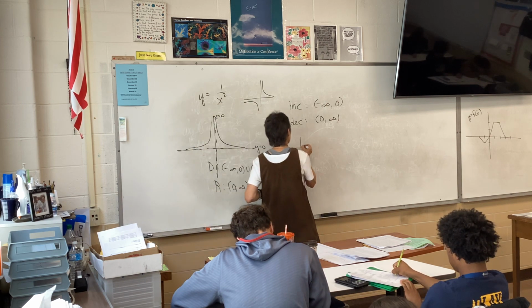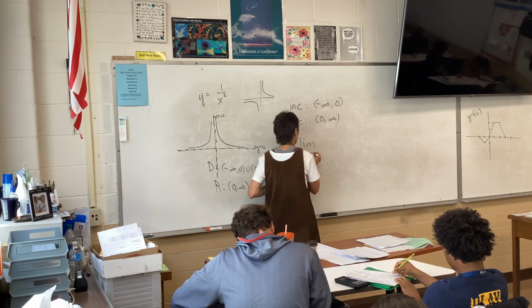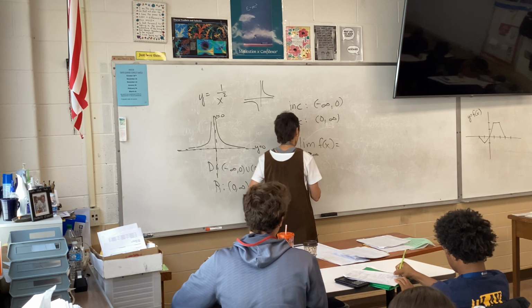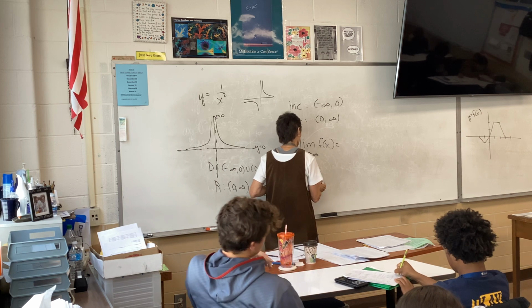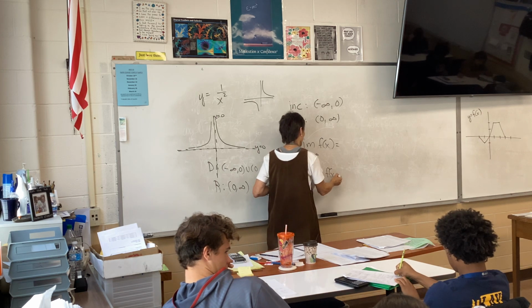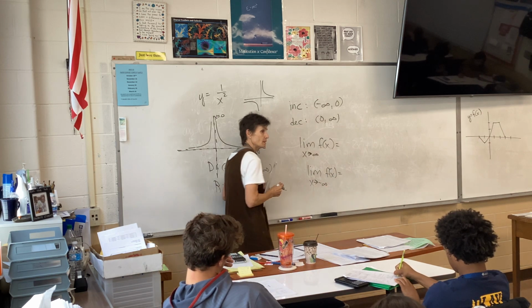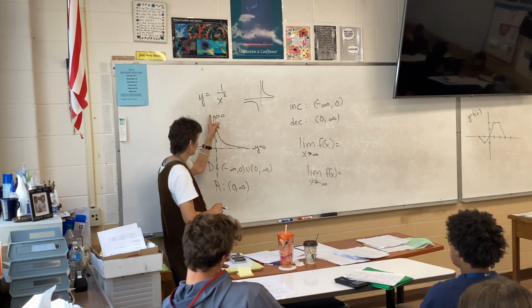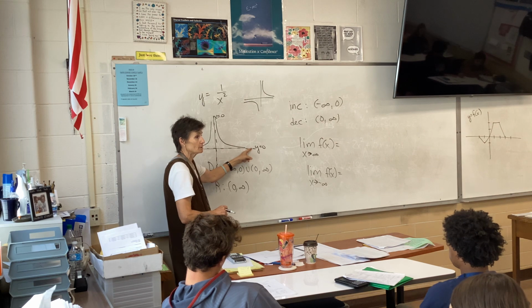And then end behavior. We want to know what happens as we go all the way to the right, and what happens as we go all the way to the left. All right, so what happens as we go that way? What happens to our curve?